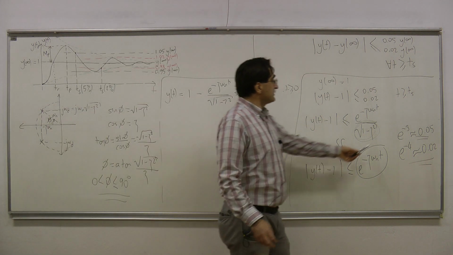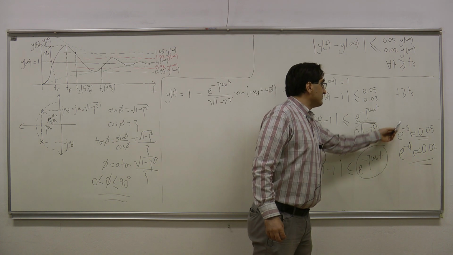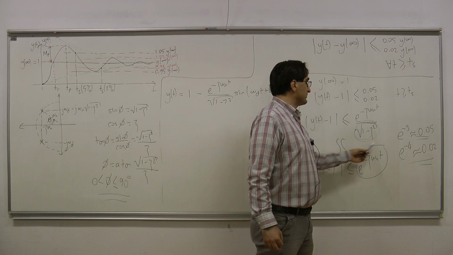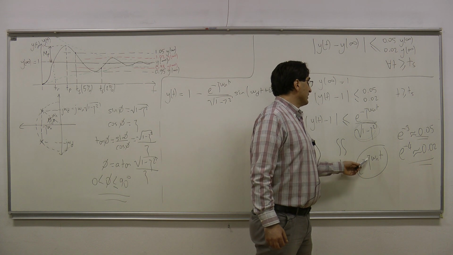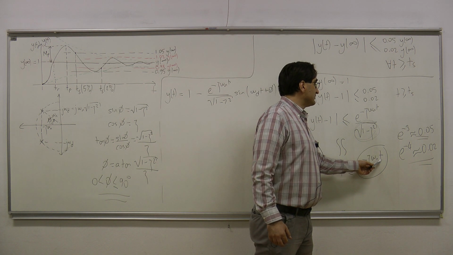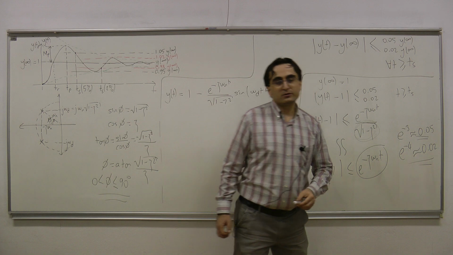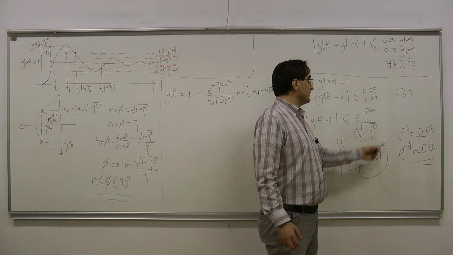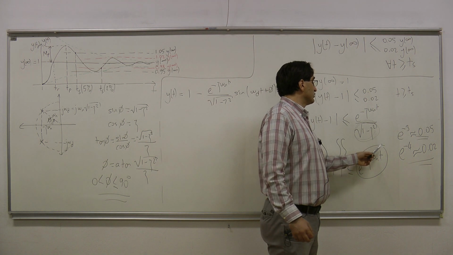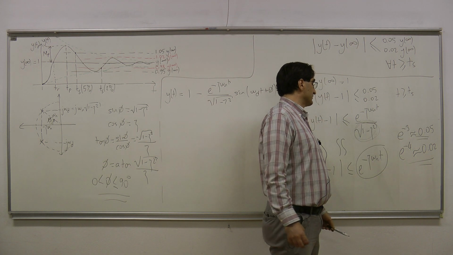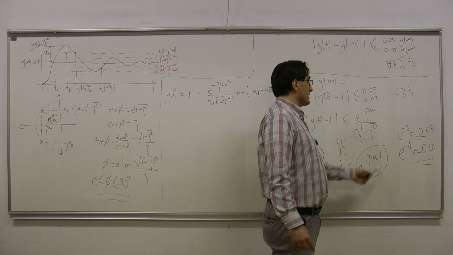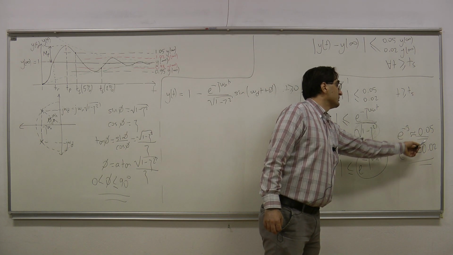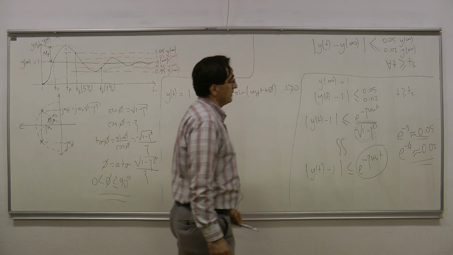It means that if I take my time instant such that psi omega n t is equal to 3, then the t value that satisfies that equation gives me the smallest time instant such that this exponential is smaller than or equal to 0.05.